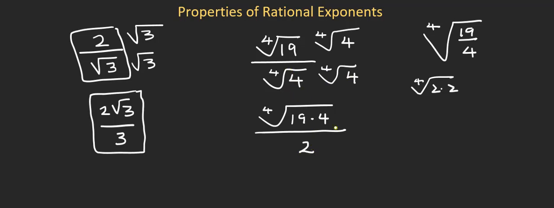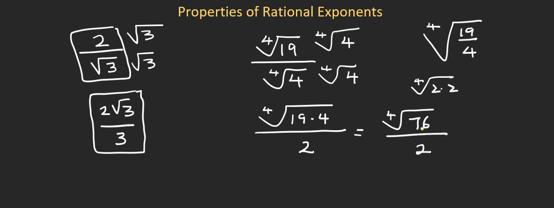Remember, our goal is to get rid of the radicals on the bottom. You cannot break down 19, and breaking down 4 doesn't really help because the index is 4. So just multiply 19 and 4. And it's 4th root of 76 over 2.